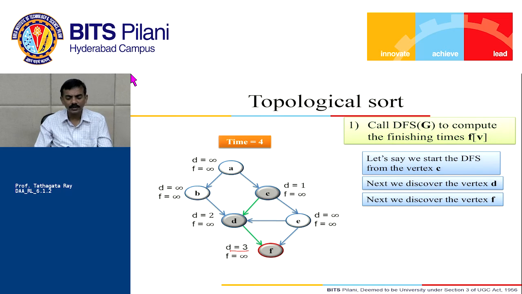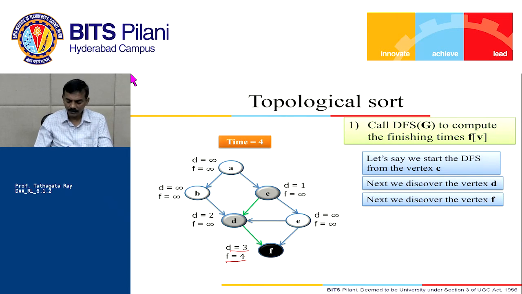Then comes the next time step and we ask, from F, can we go to something else? But it so happens from F, we cannot go anywhere. So we say F is done. We do not have any unvisited neighbor of F. So we mark F as black and the finish time of F is 4.